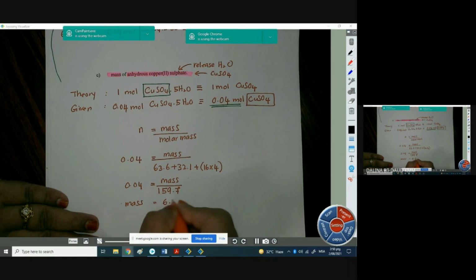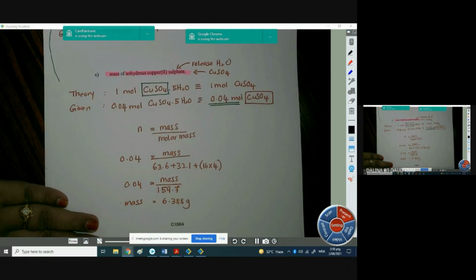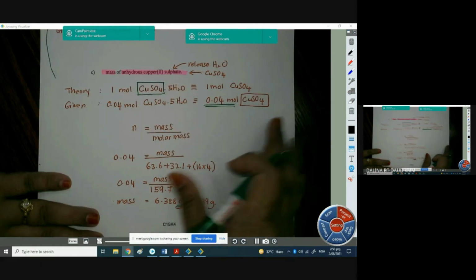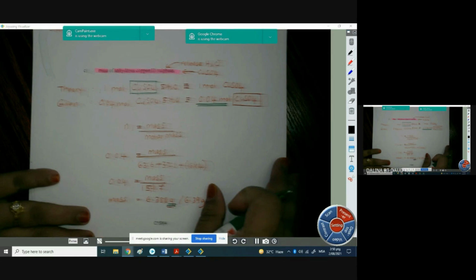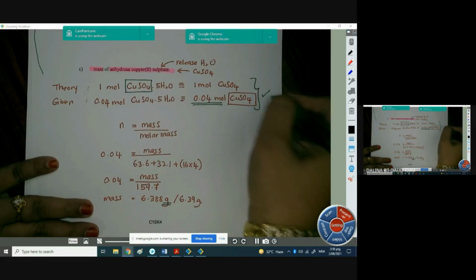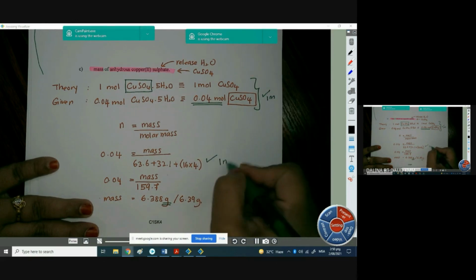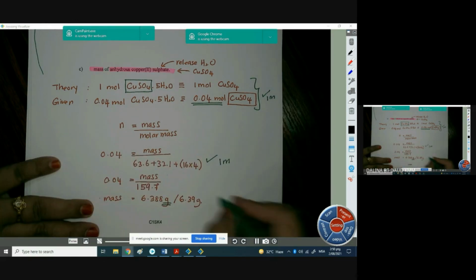At least 3 significant numbers. 6.39 is also acceptable. When you write the answer, please include the unit. In terms of marking, you will get 1 mark here, then the substitution another 1 mark, and the final answer another 1 mark.